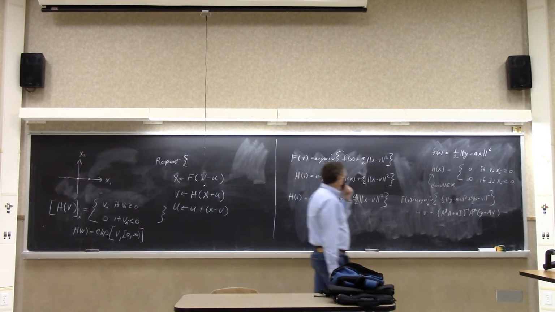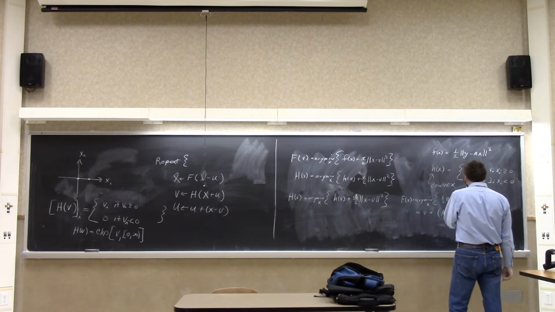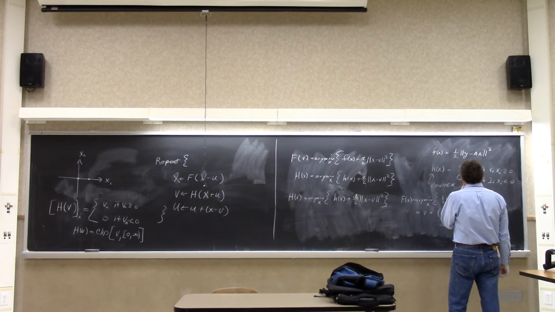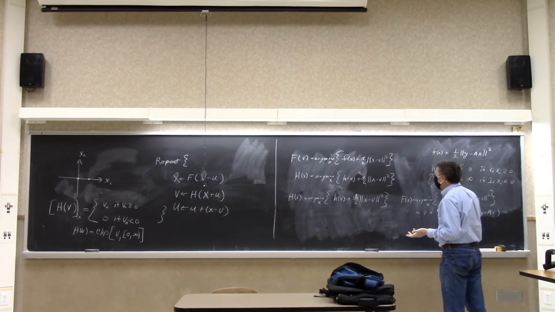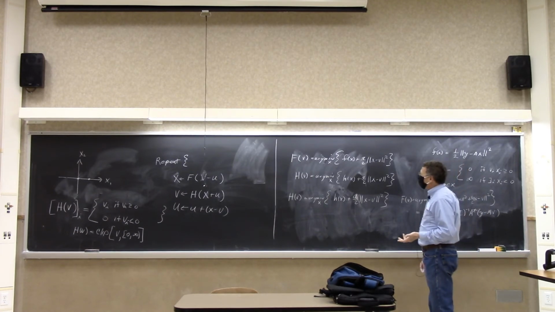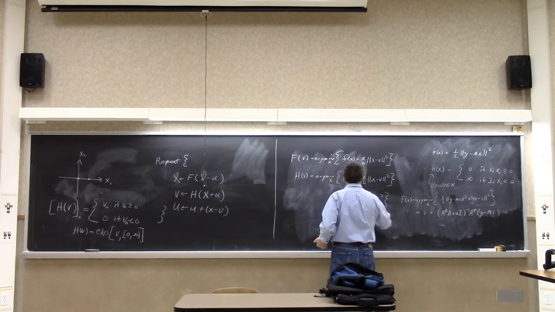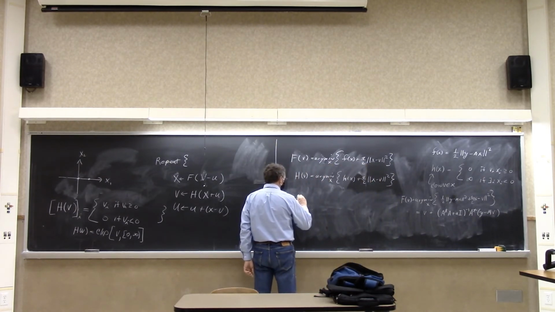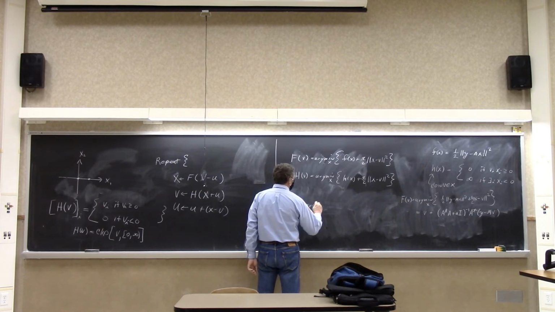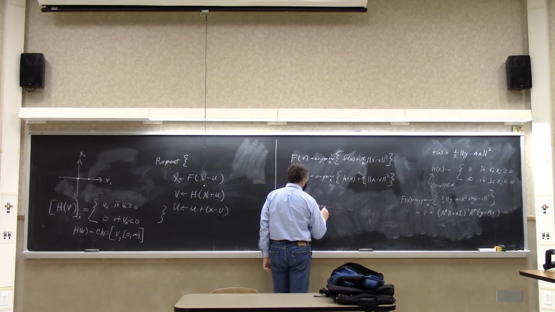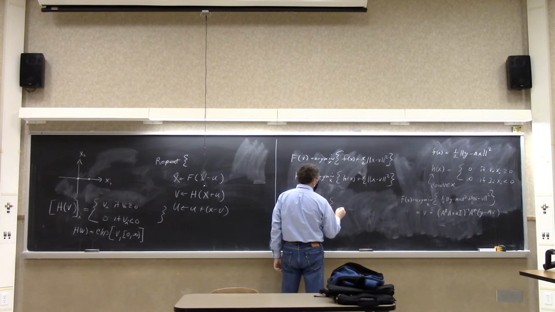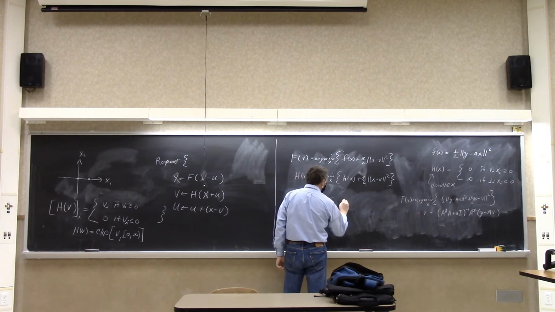Maybe I forgot to point out that the original problem's hard. The original problem is hard. The MAP estimation, x hat, is equal to arg min over x of f of x.